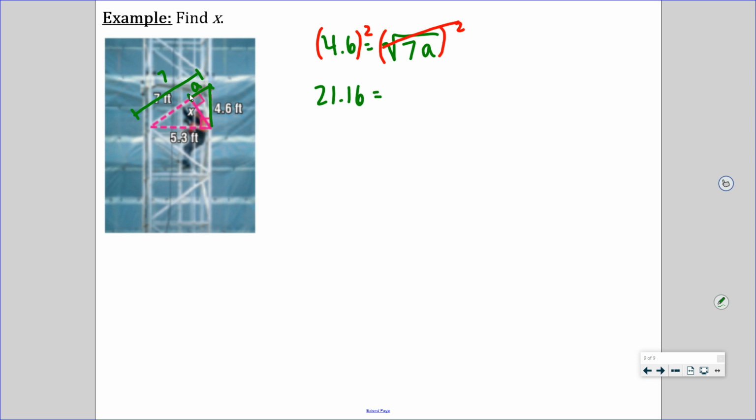So here's an instance where decimals are okay because my original numbers were in decimals and we're talking about feet, so this is fine. Divide by 7. So I got A to be, and it's a pretty long number, so I'm just going to round it. That's why I'm using this approximating sign. I'm just going to go 3.02.